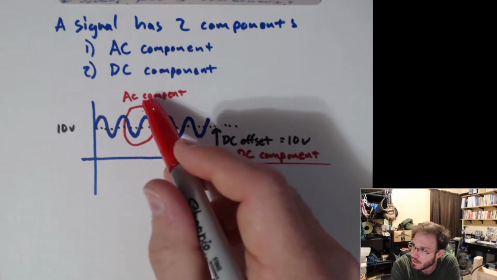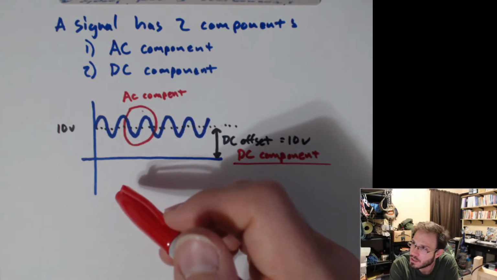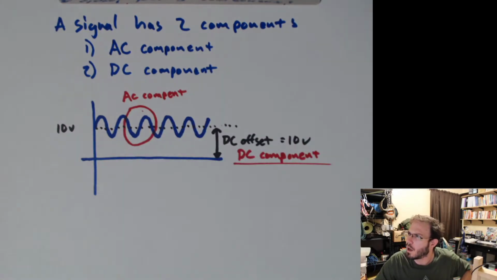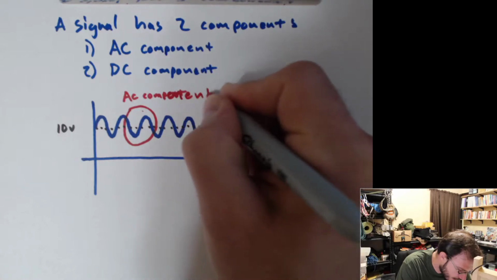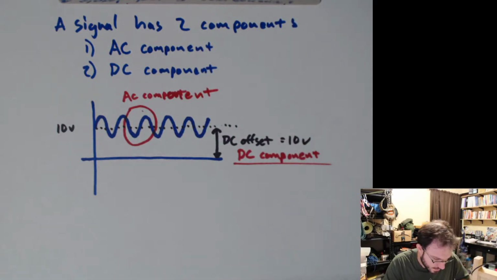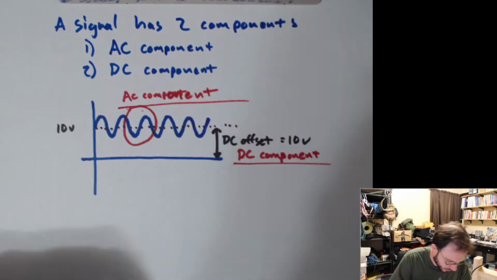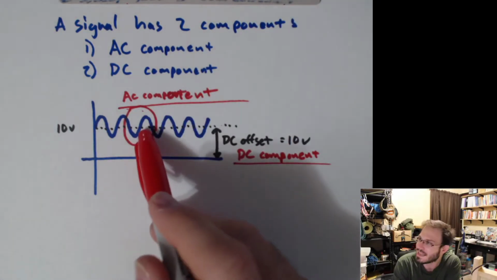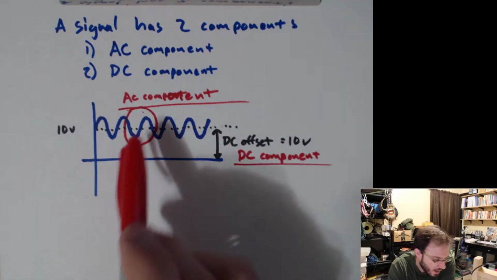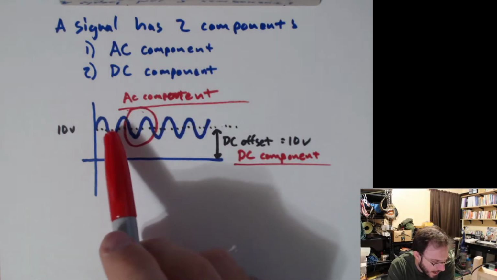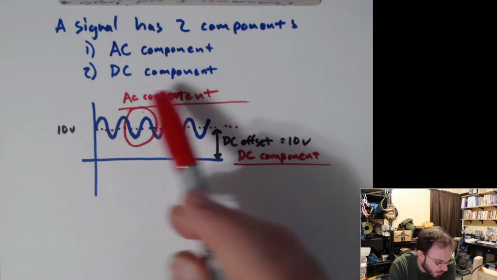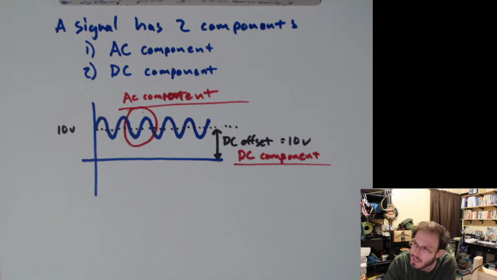You could talk about it in peak voltage, you could talk about it in RMS voltage. So as I said, you could talk about this in terms of RMS or peak-to-peak voltage. Okay, so that's our AC component and our DC component. And we're going to have to work with both of these to construct our first useful amplifier.